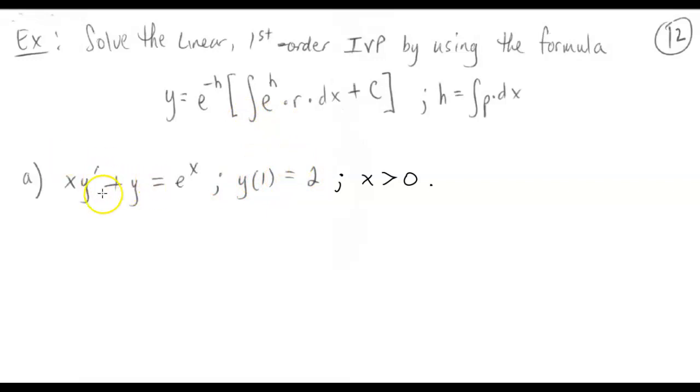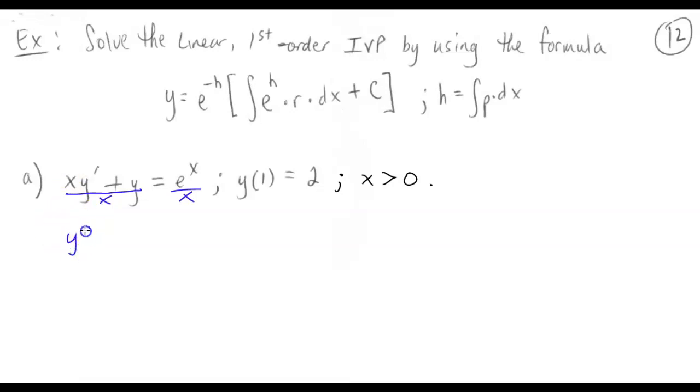All right, so just as we always start with these types of problems, if this is supposed to be a first order linear ODE, then I want to get this in a form where I recognize that it actually is a first order linear ODE. In this case, I need to divide numerator and denominator by x.